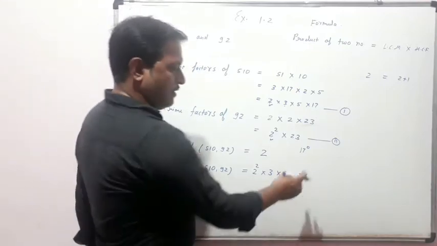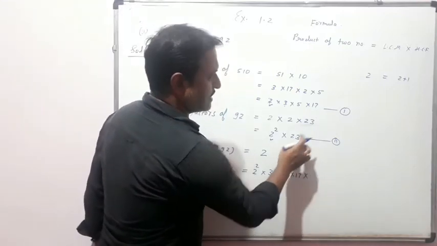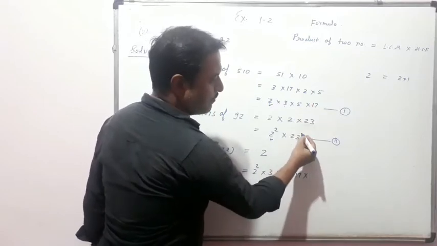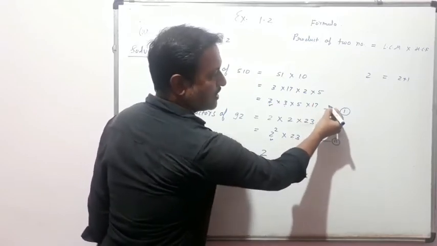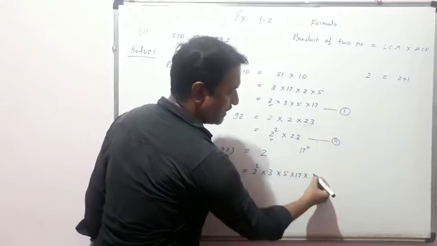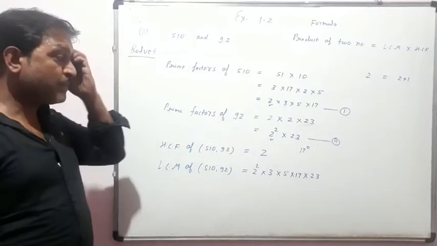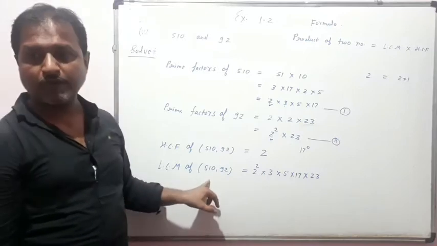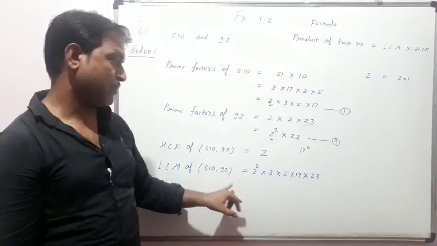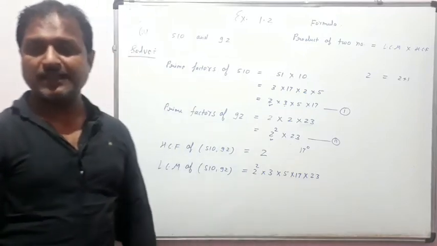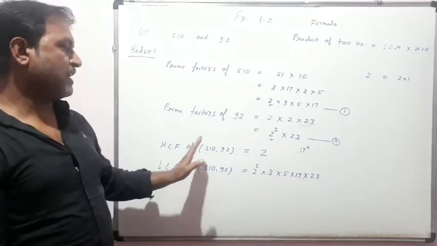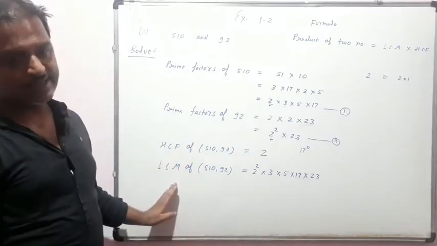Clear? Similarly 23 to the power 1 is there, and you can assume 23 to the power 0 in the other, so we take 23 also. So this will be the LCM of 510 and 92. This is how we can find the HCF and LCM.